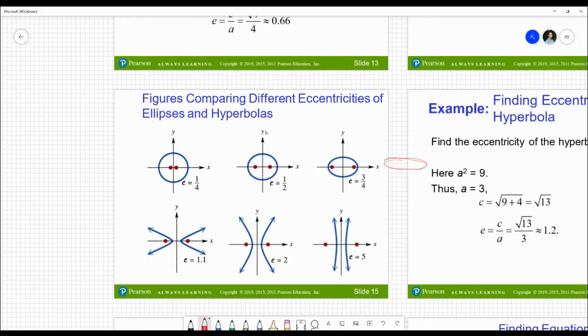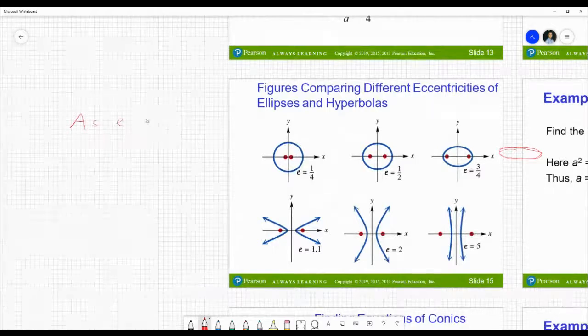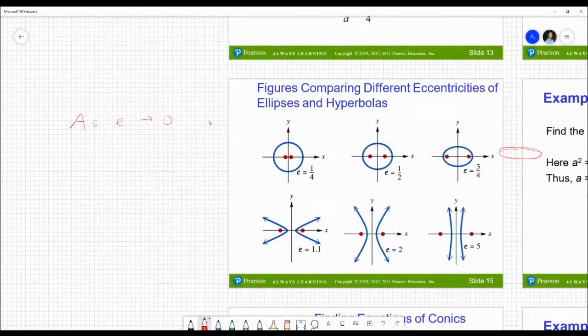So the main goal of this is, as E approaches 0, the ellipse will become a circle. As E gets closer to 1, the ellipse is more flattened.